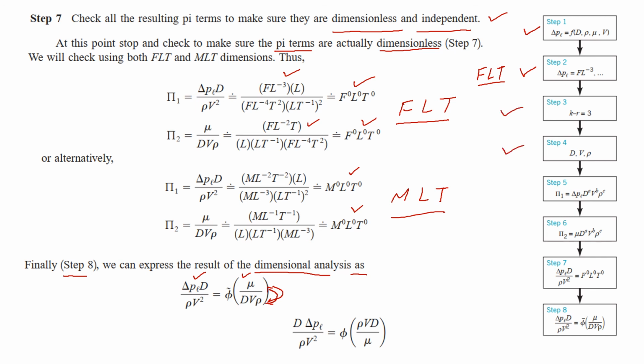Then we identified our repeating variables. Then we multiplied the non-repeating variables by the repeating variables and formed our pi1. Then we repeated the same procedure for pi2, and at the end we cross-checked that our pi1 and pi2 terms are actually dimensionless, and then we equated them like this.